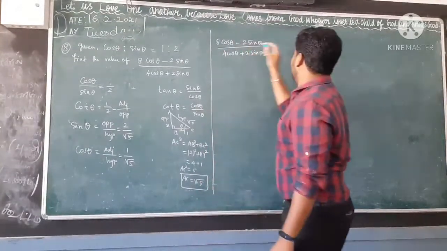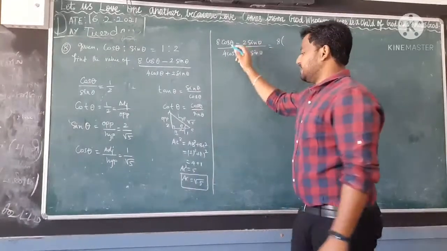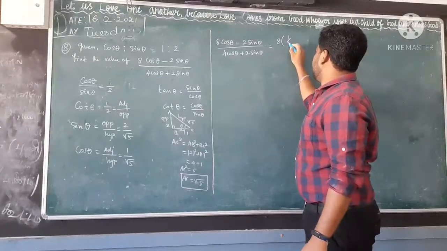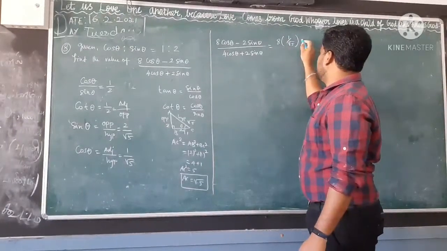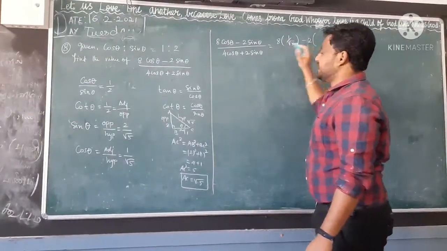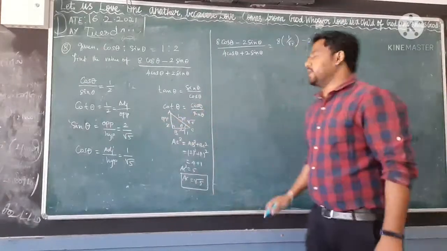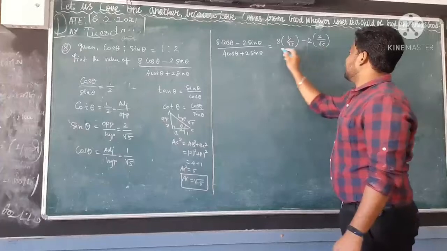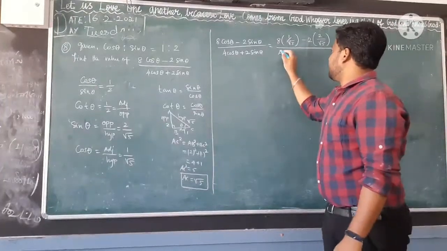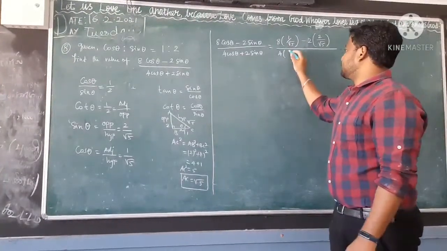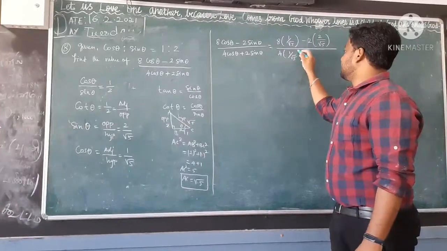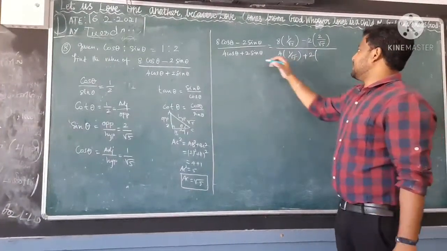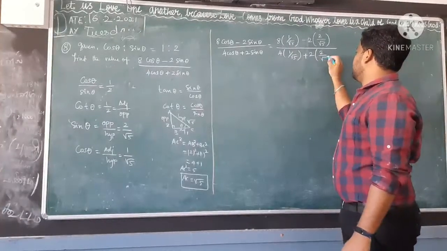Now substitute the values. 8 into cos theta value 1 by root 5, minus 2 into sin theta value 2 by root 5, the whole divided by 4 into 1 by root 5 plus 2 into 2 by root 5.